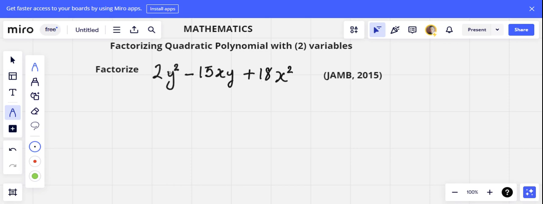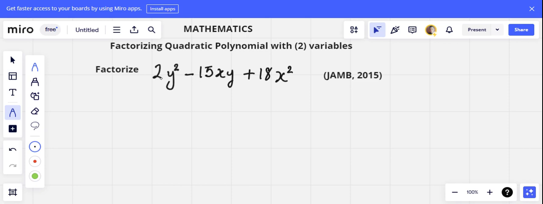In this case, y is descending, while x is ascending. So we can factorize by pretending that only the y variable is available here, and we can also do it with respect to x by pretending that only the x variable is here.